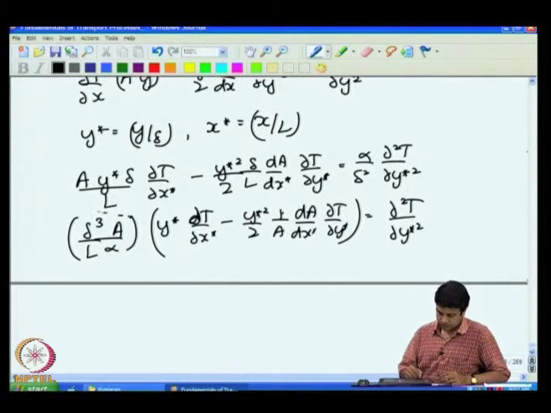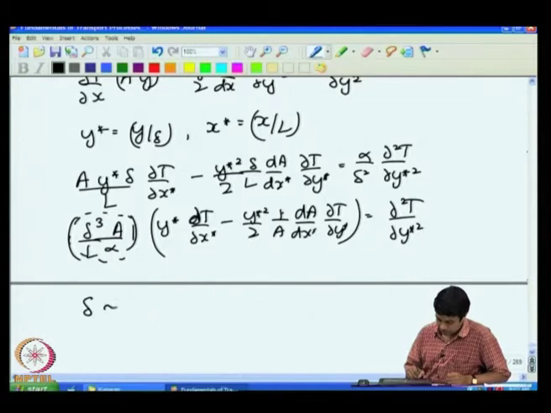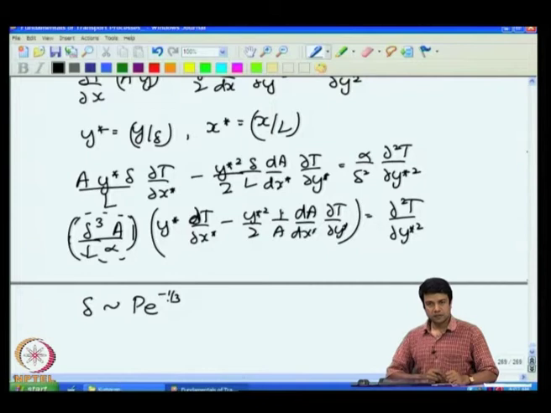And this will straight away give you, because I have a delta cubed there, delta goes as Pe power minus 1 by 3. So, that is a common feature of any flow past a surface with a no slip condition at the surface.